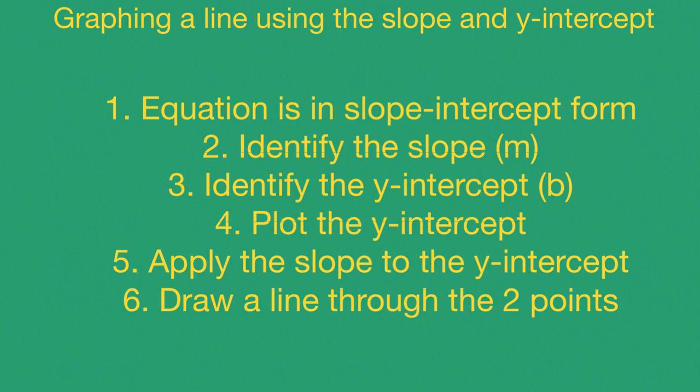The new stuff today is to plot the y-intercept first and apply the slope to the y-intercept after that. Hopefully this gives you a little bit of framework for being able to draw a straight line, a linear equation.